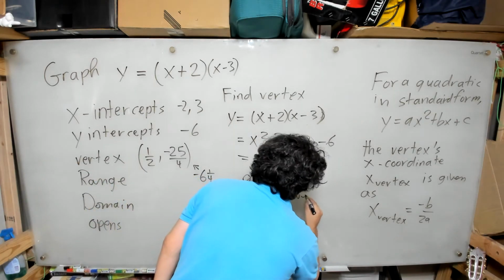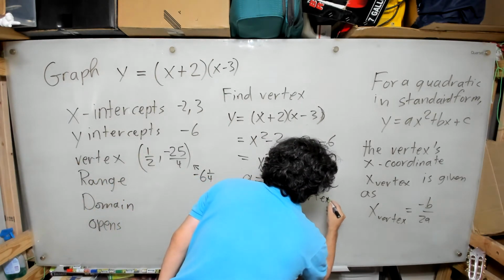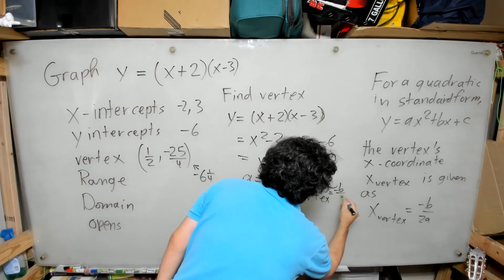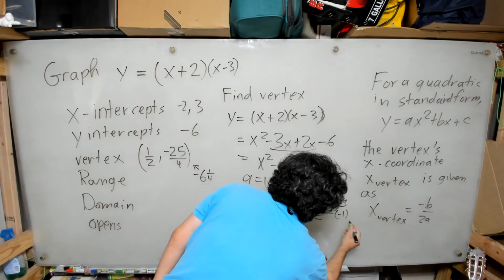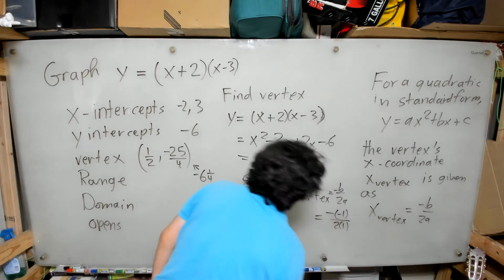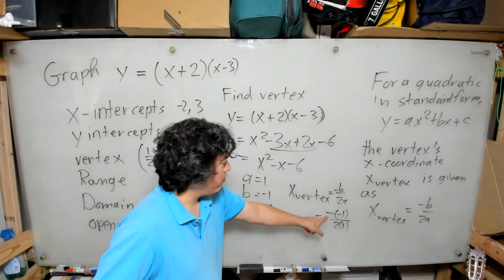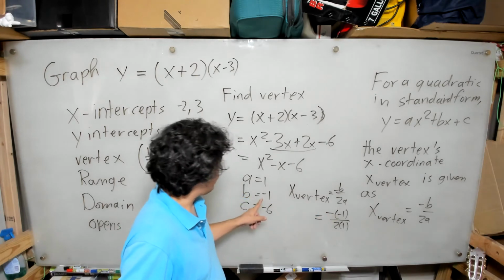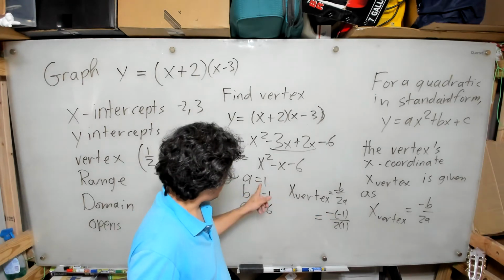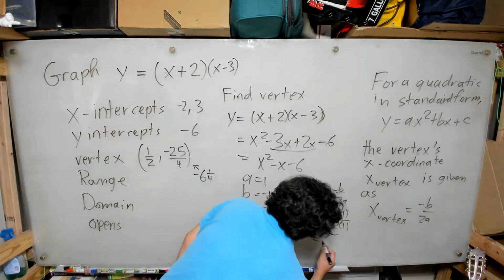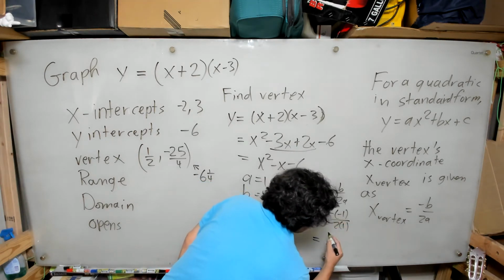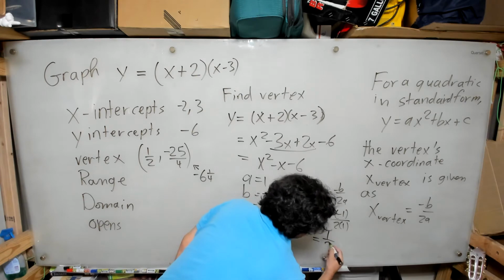The x vertex is going to be -b over 2a, which will be negative of -1 over 2 times 1. The negative is from the formula, the b is -1, and the a is 1 because it's the coefficient of the x squared term. Negative of negative is +1, so it's 1 over 2 times 1, which is 2.